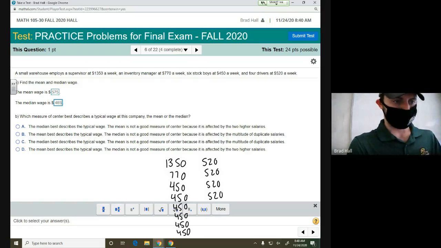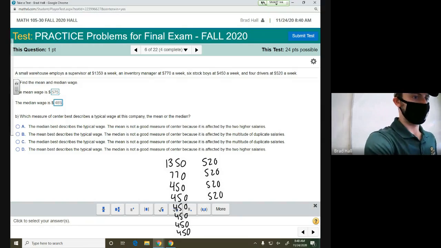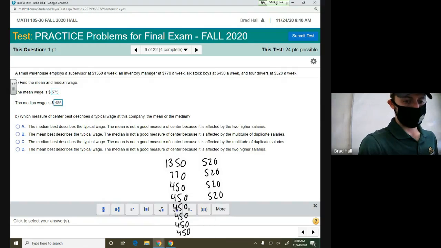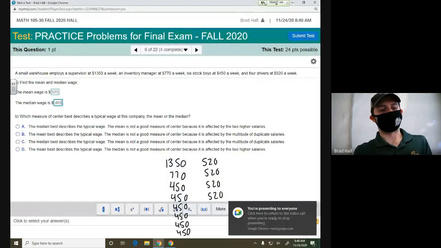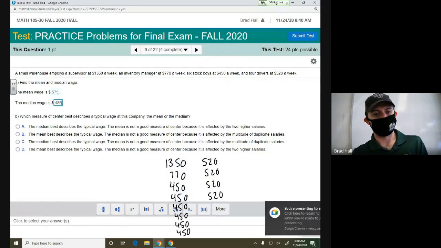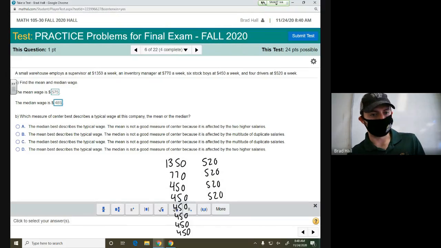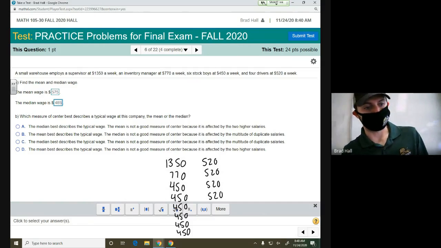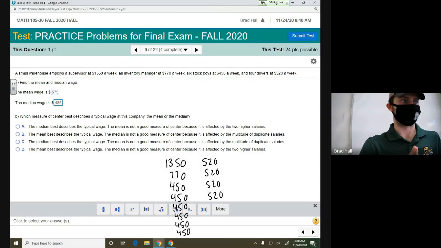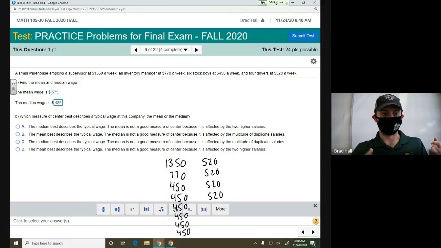But primarily, the interpretation is the last thing. So we're asking ourselves, is the median or the mean the best measure of the center? Really the median is going to be the best, just before we even specify which answer we choose. The median is the best because the mean is affected by the outlier.